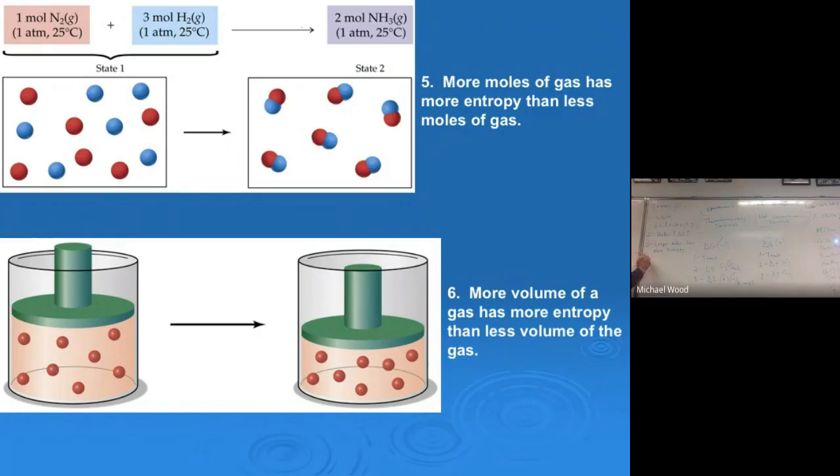So if I went here, more volume, more entropy. And to me, that makes sense, because if we have more volume, we have more space, more room for molecules to spread out, and there to be more disorder.